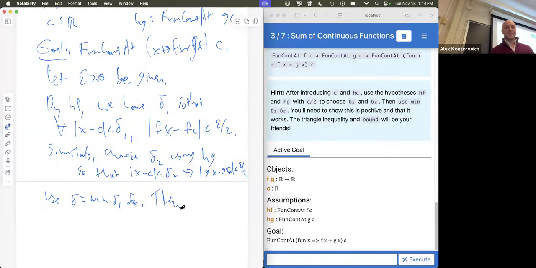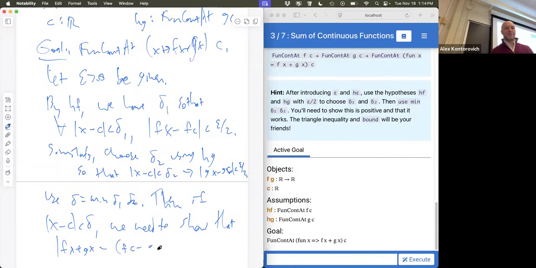Then if x minus c is less than delta, we need to show that the absolute value of f of x plus g of x minus f of c plus g of c is less than epsilon.